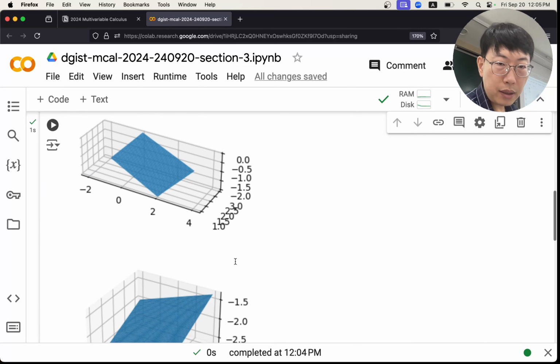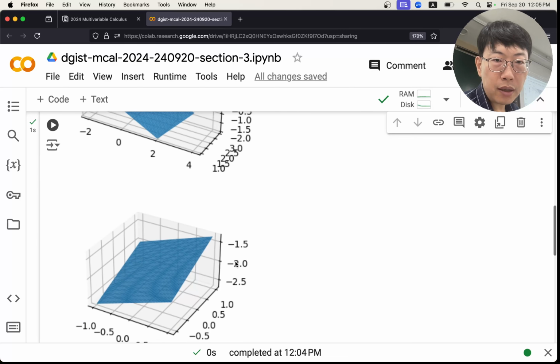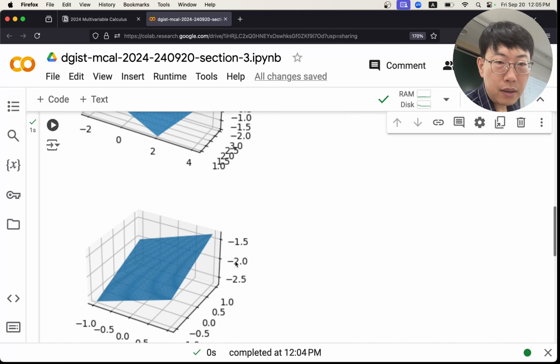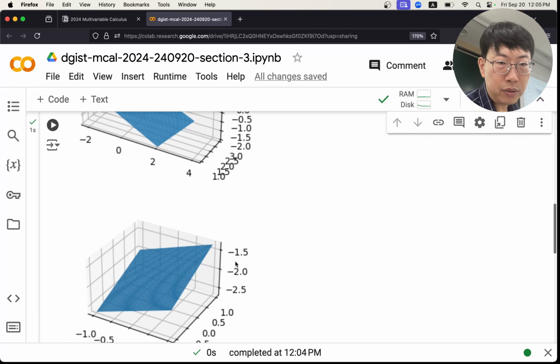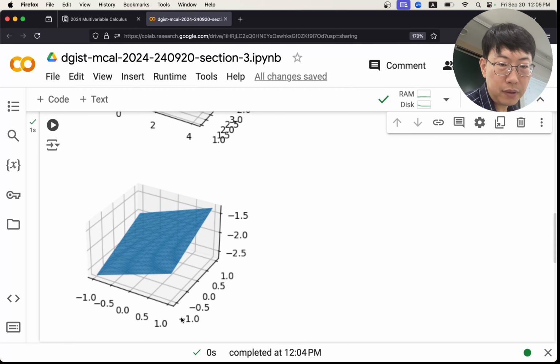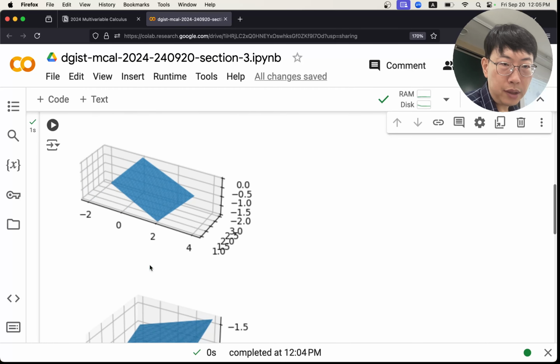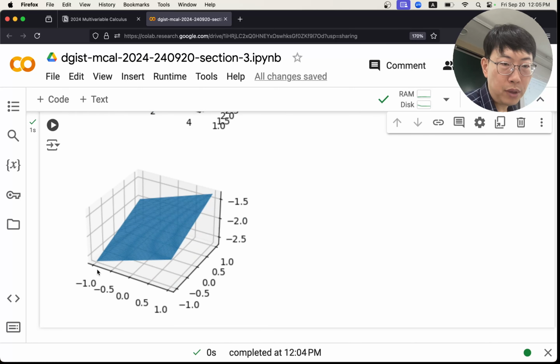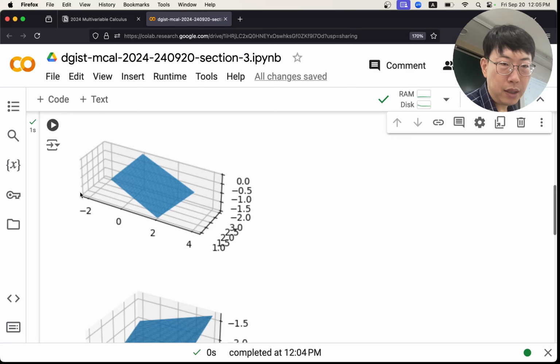So it's basically the same, but looking at it differently. You can see that the domain x and y ranges are different, right? Here it ranges from -1 to 1, obviously, but here it ranges over a different range.